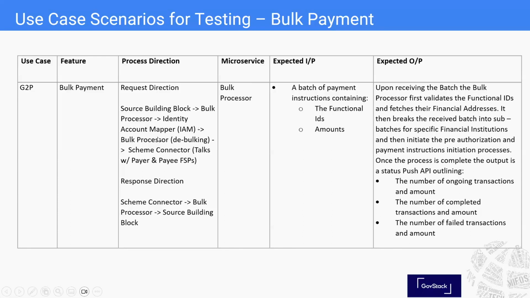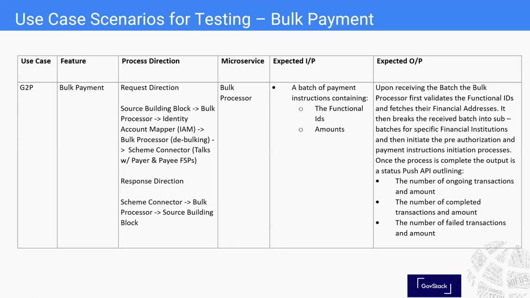The identity account mapper provides the specific financial information against the functional IDs. Then the bulk processor breaks those batches down into specific batches targeted towards particular FSPs.